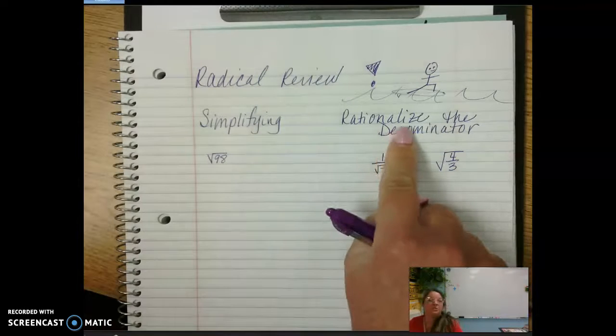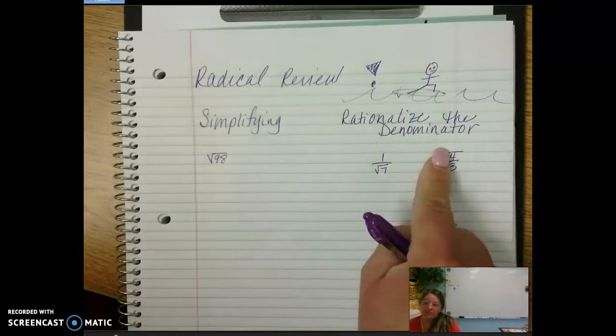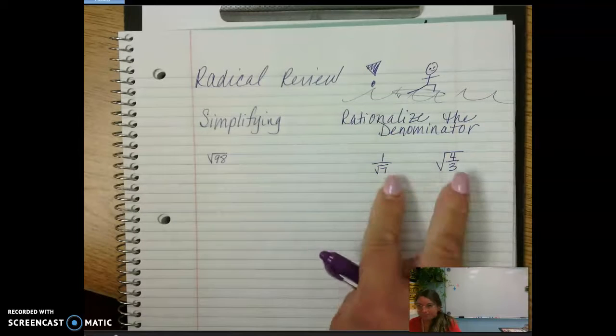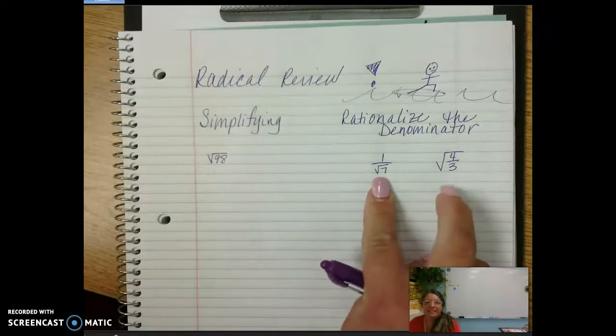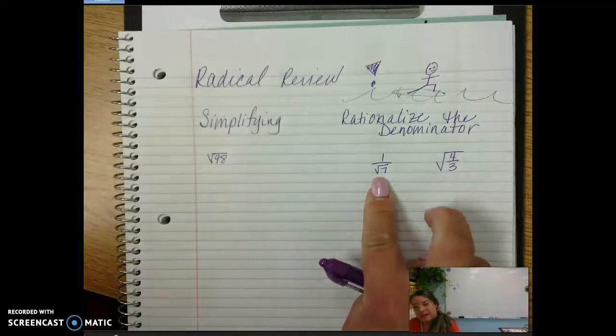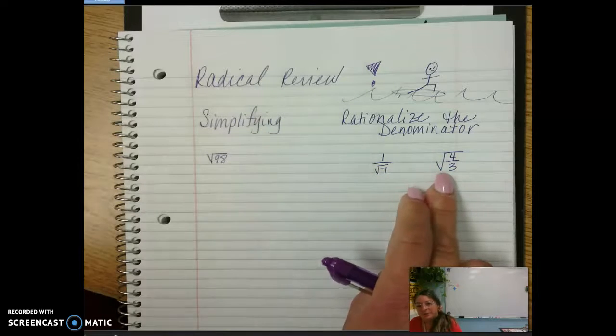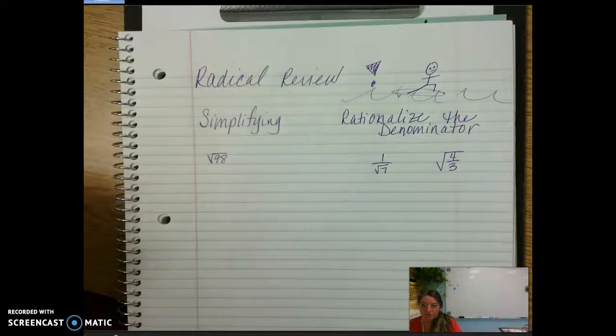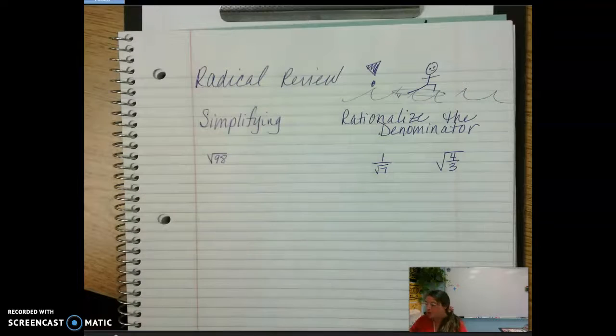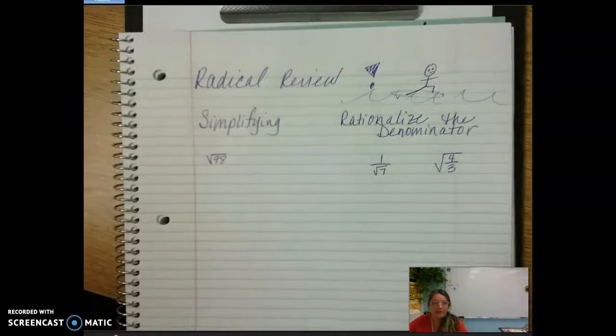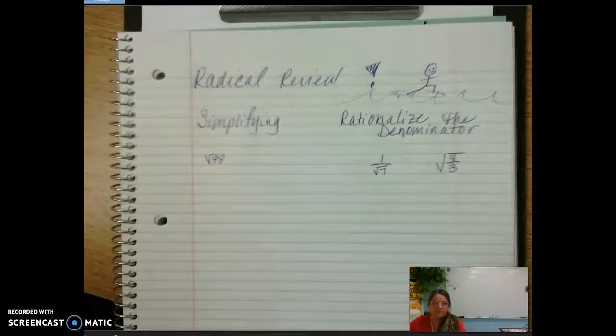We're also going to do and review what's called rationalizing the denominator. And so the idea behind this one is that you cannot have a radical in the denominator, nor can you have a fraction underneath your radical sign, okay? All right, so let's go ahead and I'll show you how it works to simplify, okay?